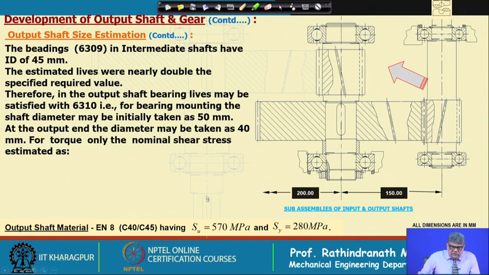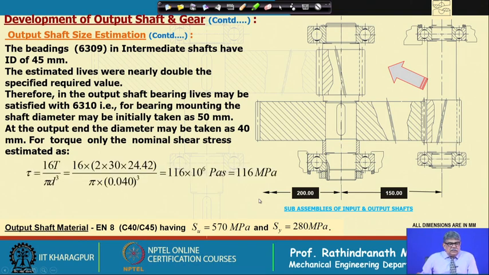On the output end, after putting the bearing, we will require one step for sealing and then the next step for coupling. That coupling step, the output end, can be taken as 40 millimeter. There is also pure torque, so we will check what the shear stress will be. Here we have multiplied the nominal input torque by two, because there is a heavy shock load.